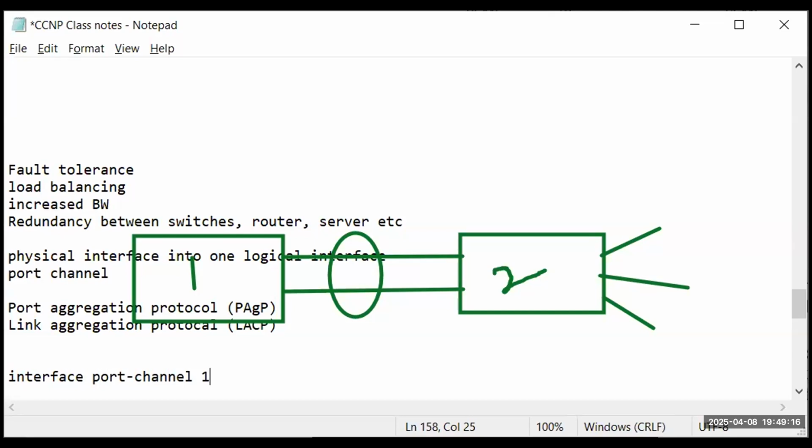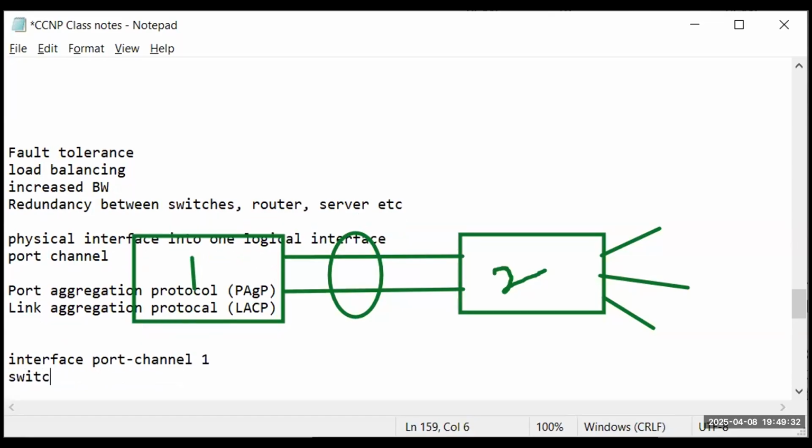Likewise, the switch can have any number of logical interfaces. If one is already created, next is 2, then 3. Now I'm going to create one logical interface, and that is a trunk port.